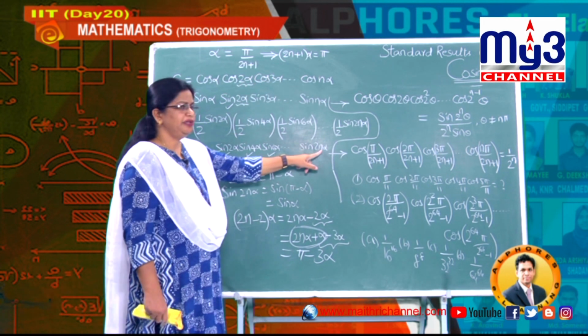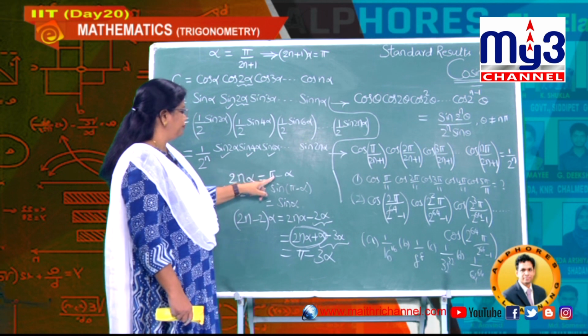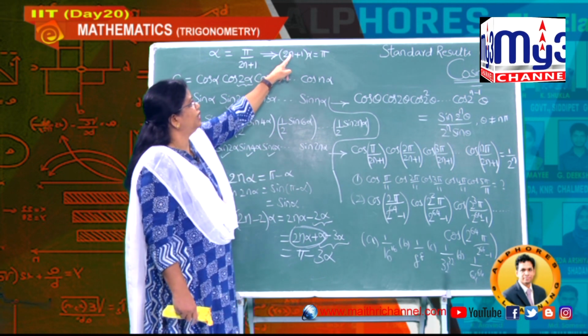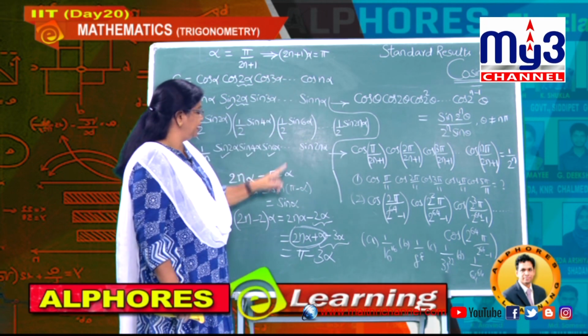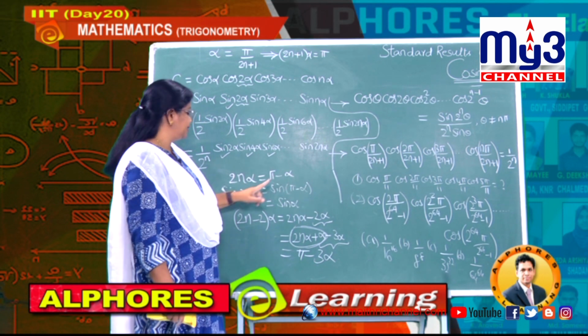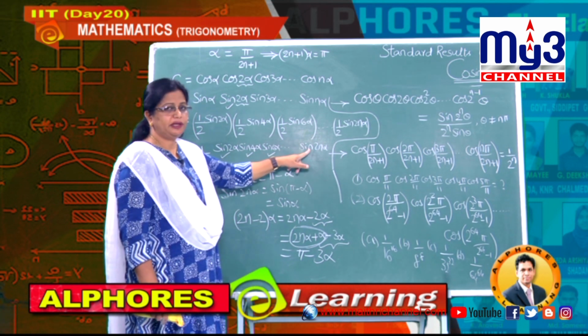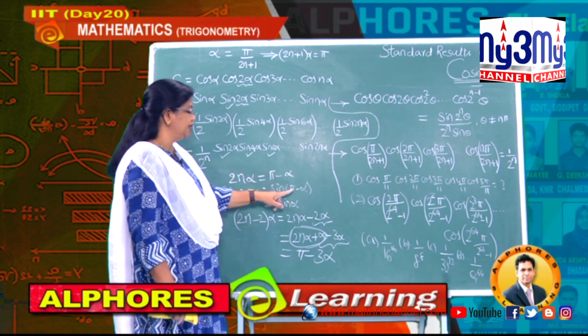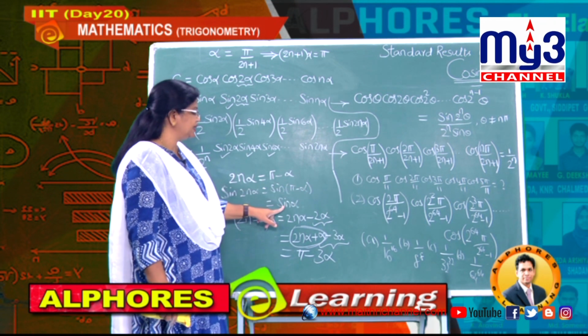So 2n alpha can be written as pi minus alpha, because 2n alpha plus alpha is pi, and we send the alpha value to the other side, and we require the sine function. So sine 2n alpha is sine of pi minus alpha, that is sine alpha.